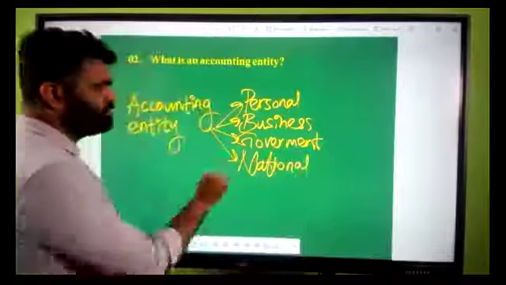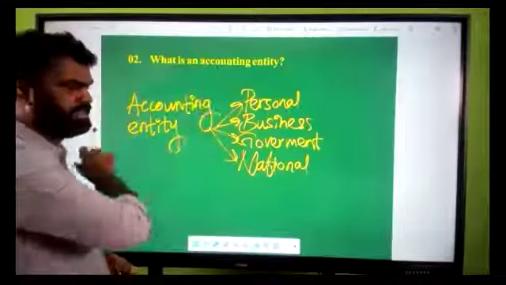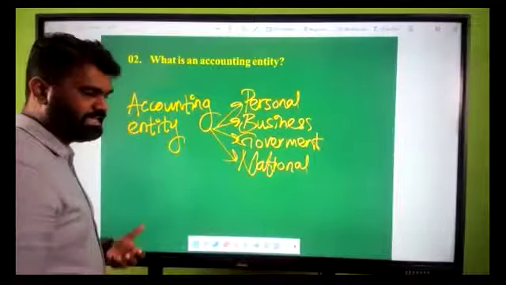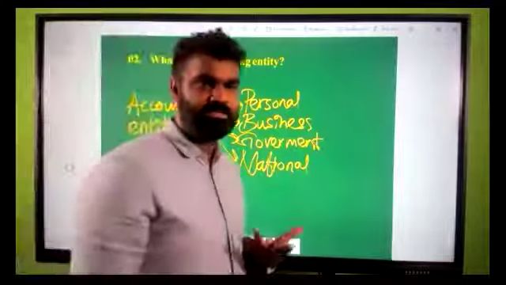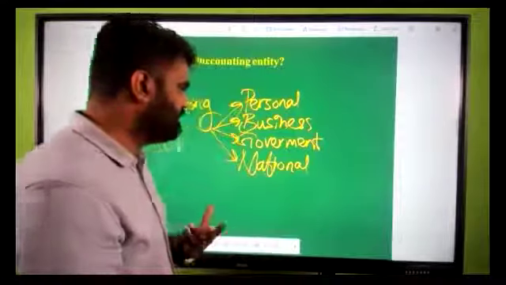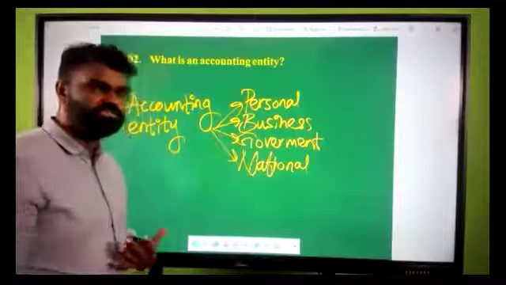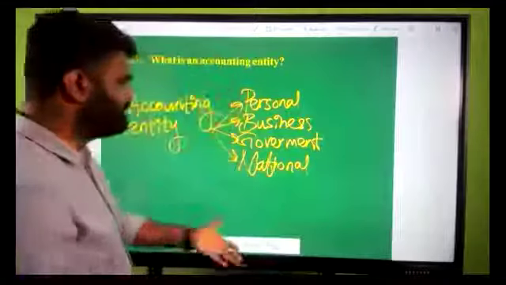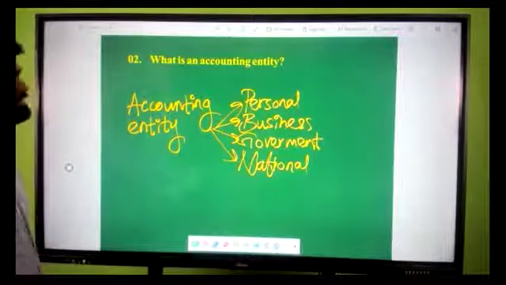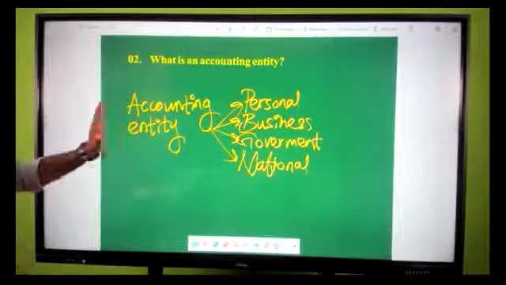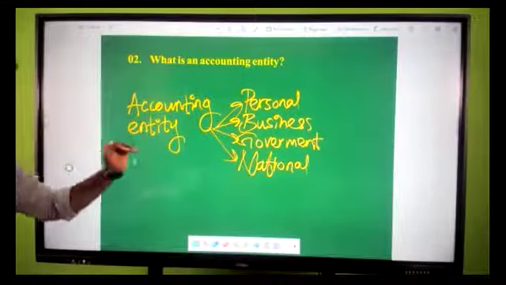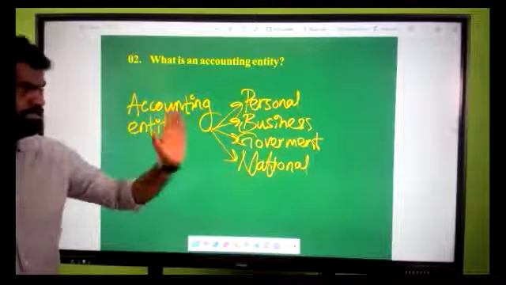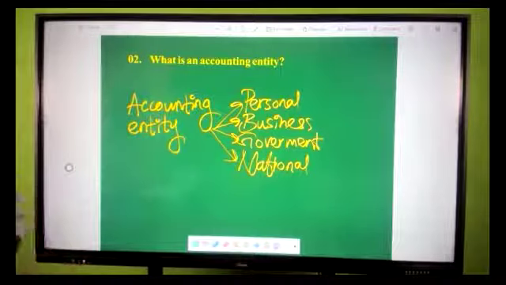This includes not only government, business, and personal, but the entire country. National GDP is a national calculation. Total reserves of the country, total cash outflows from the country, everything should be calculated in national accounting. So an accounting entity is actually a person, business, government, or entire country which uses financial statements.